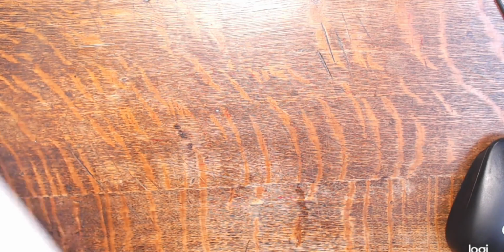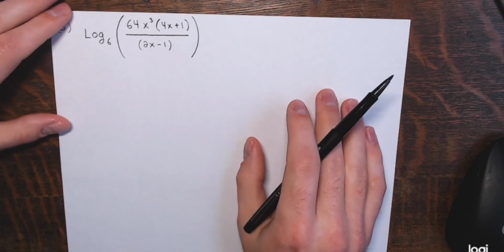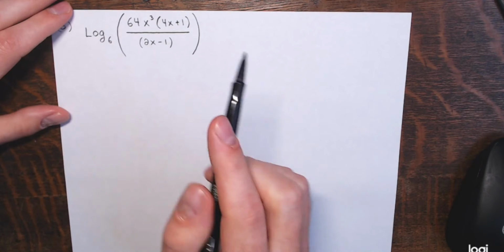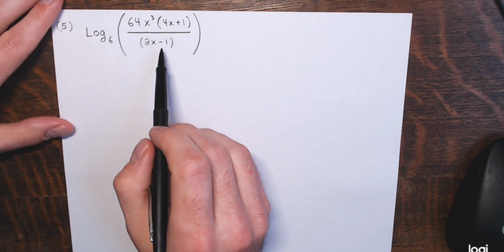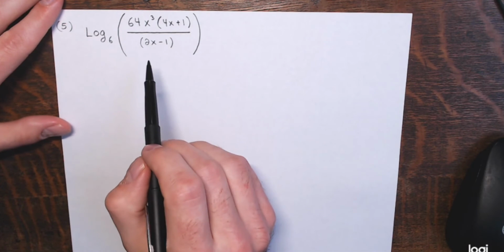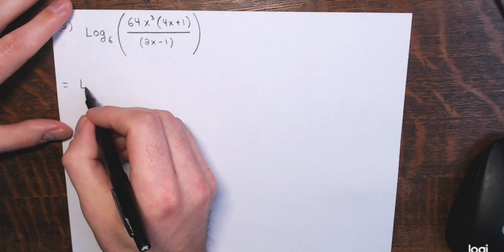So example 5. So again, I'm seeing a fraction first. There's one numerator, one denominator. So first I'll do the log of the quotient rule.